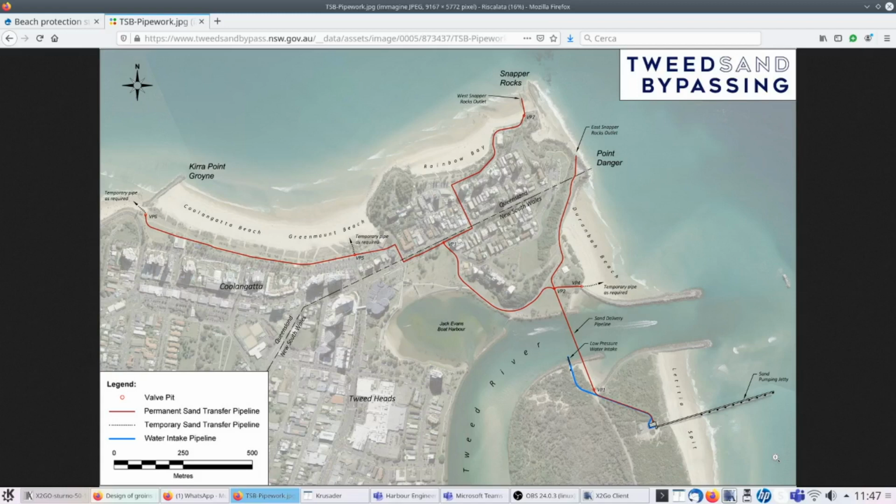And the result of this intervention was that they got an accretion of the beach in the lower part of the figure, and in the remaining part of the beach they had an erosion.